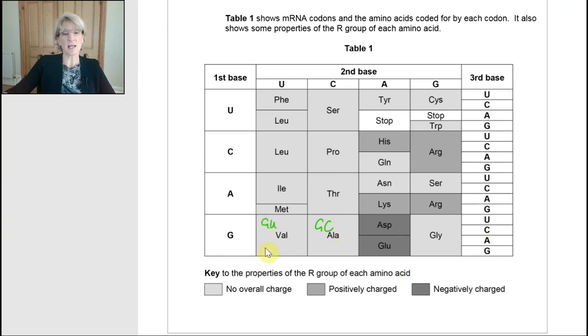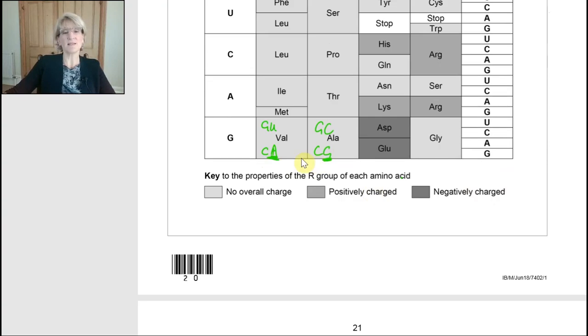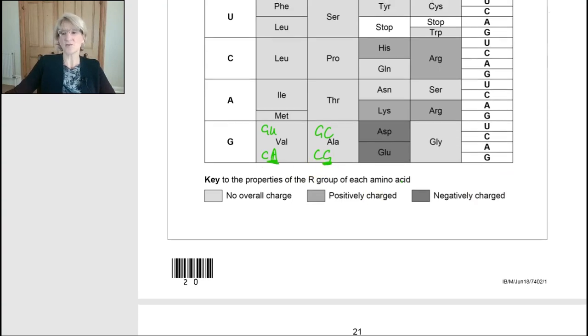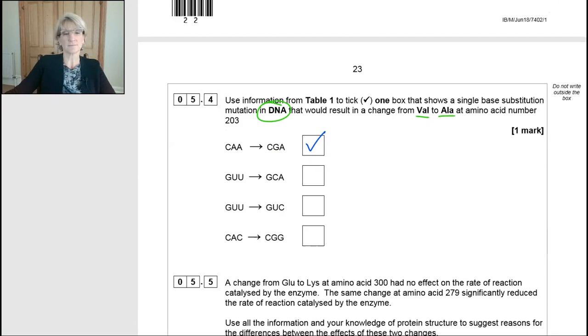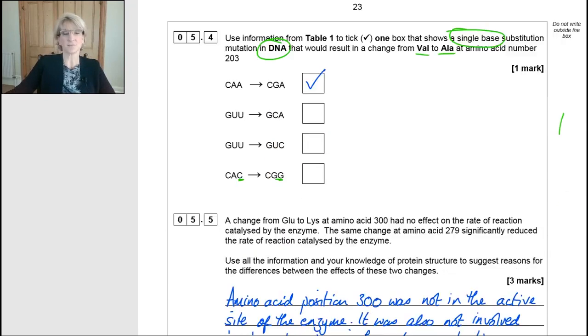So on the DNA, it would have been CA any letter to CG any letter. So actually, this is the one base change that is required. This one was a possibility, but actually this changed too, and it was a single base substitution, so therefore that is the right answer.